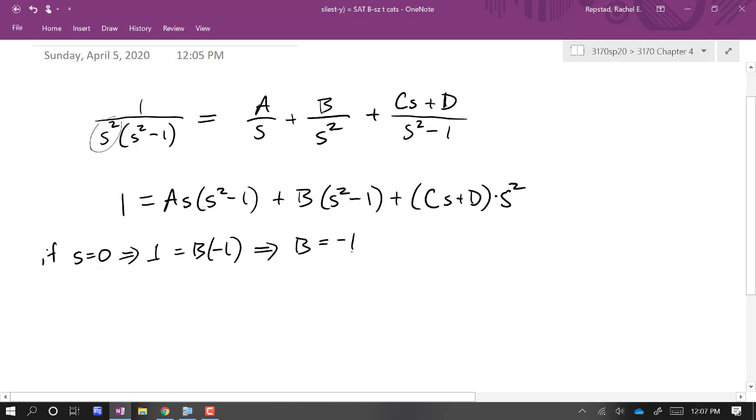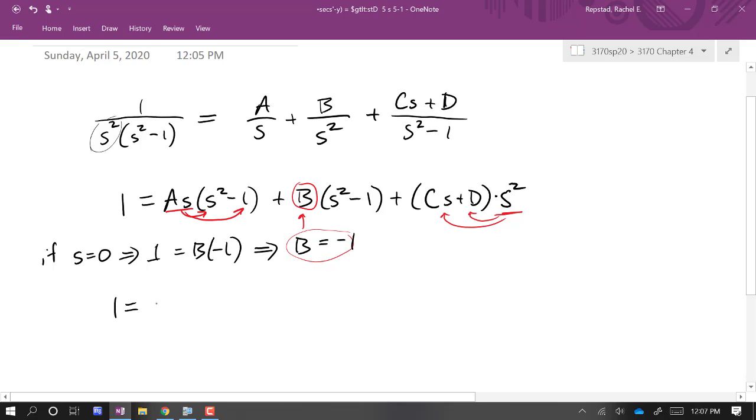So we know that one. Now I'm going to use that known value of B, B equals negative 1, and put it back into this equation right here, and then expand and see what I get. I'm going to distribute the A through, and then back here at the end distribute the s squared through.